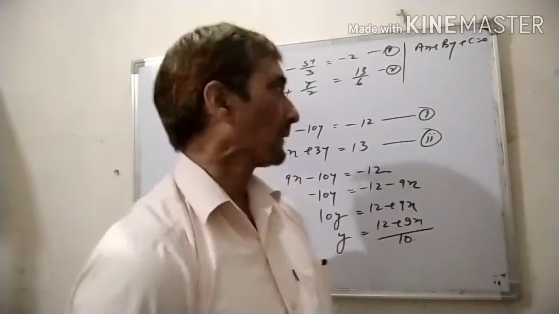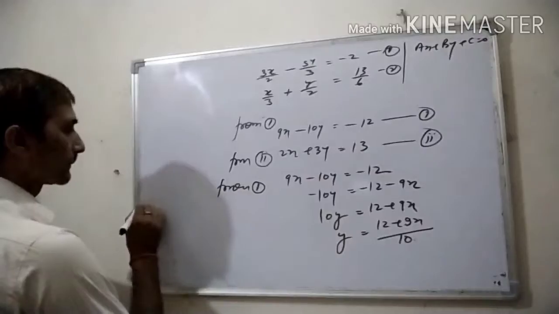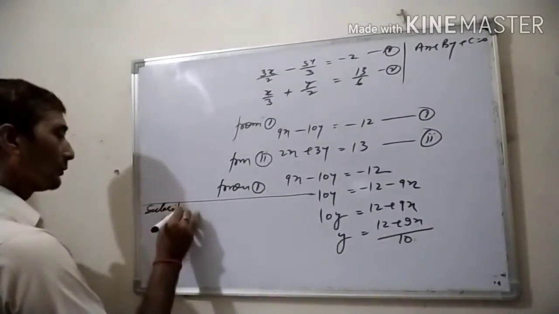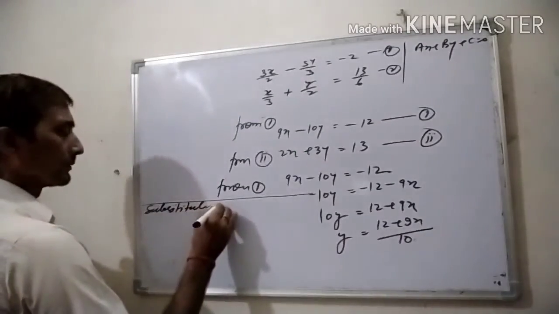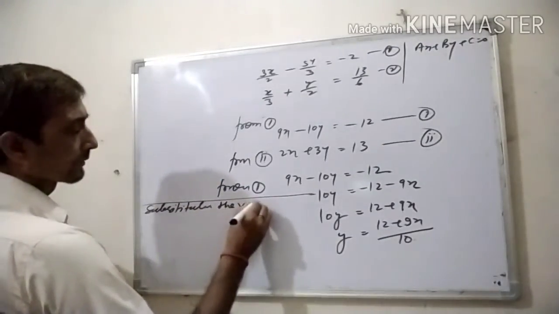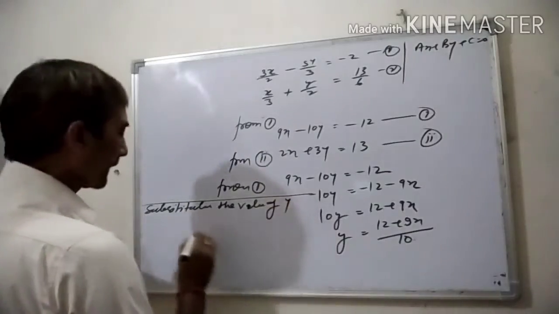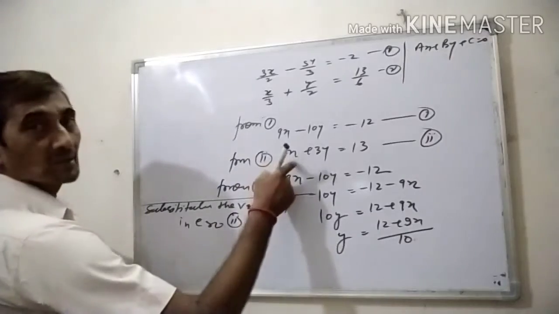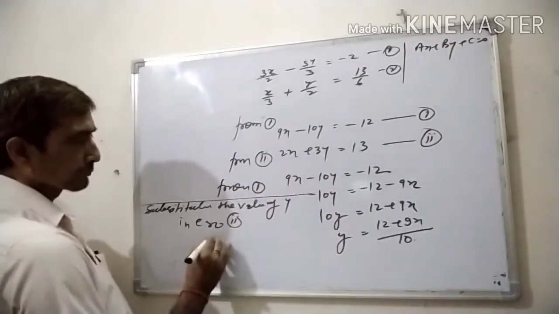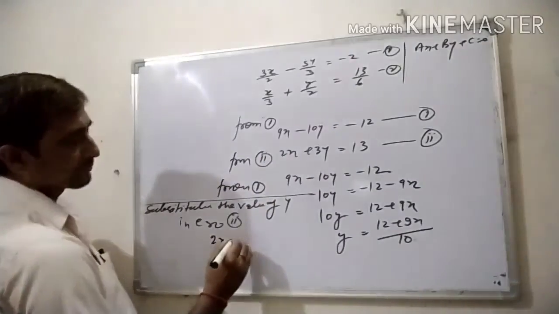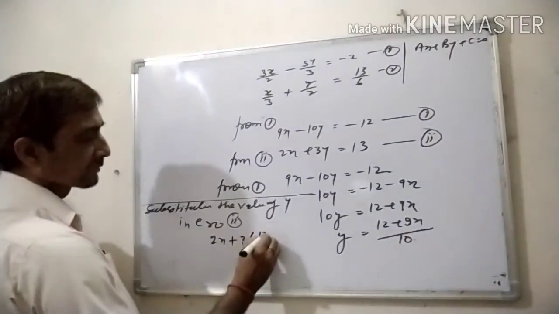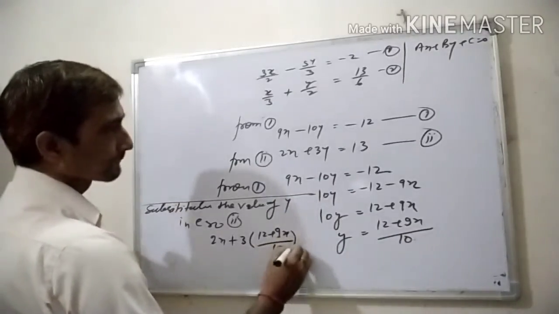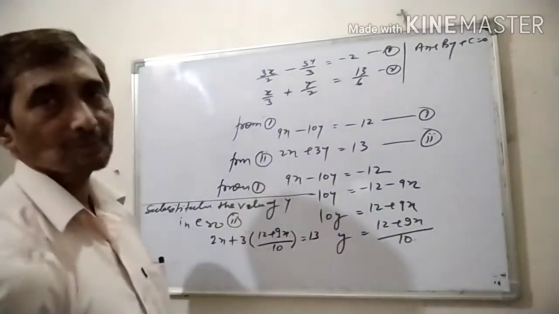Substituting this value of y in equation number 2, here 2x plus 3 times (12 plus 9x upon 10) equal to 13.